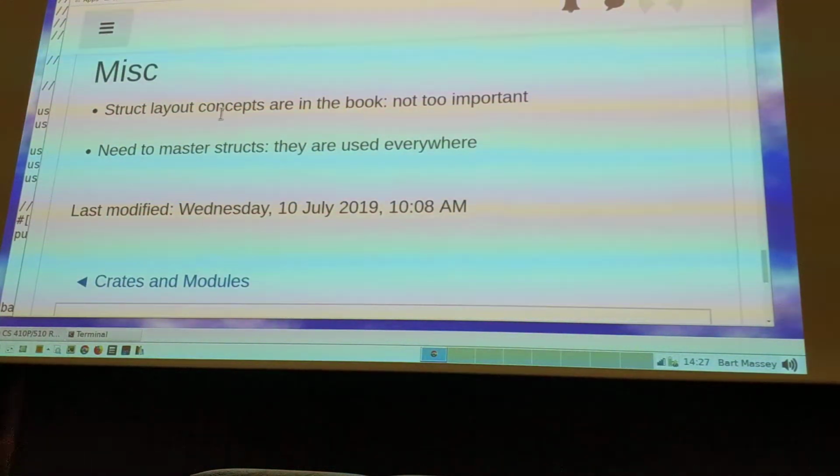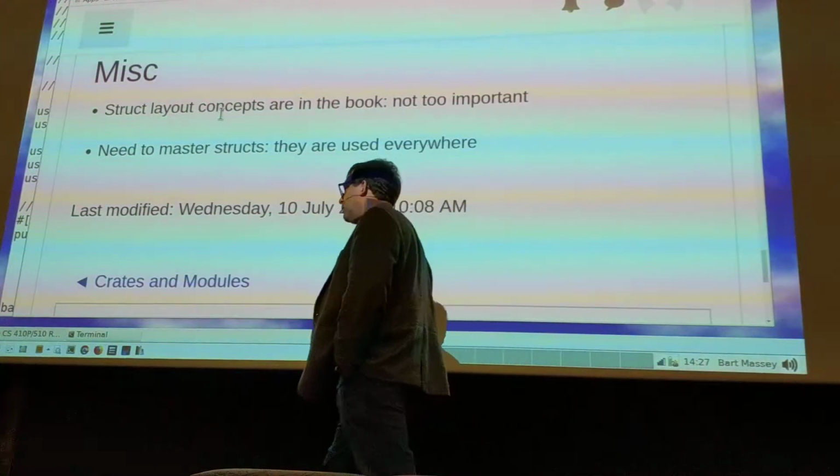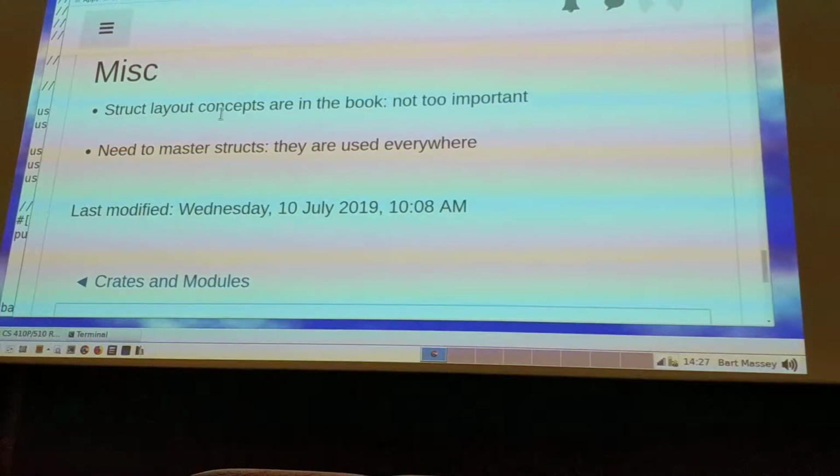The book has some really nice, albeit not super important, descriptions of how Rust lays out a struct in memory. The short answer to how does Rust lay out a struct in memory is it's not well defined. The compiler can do it however it wants, and it may change over time without warning, so you can't count on any particular struct layout.